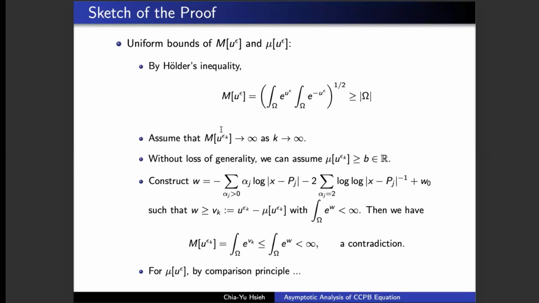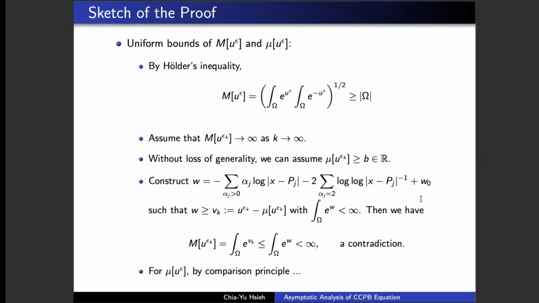So now with these two conditions, we can construct a function w of this form. That is, for the singular part, it is nothing but the same as the positive singularity of v. So for those points, v tends to plus infinity; at least w has the same order of v.